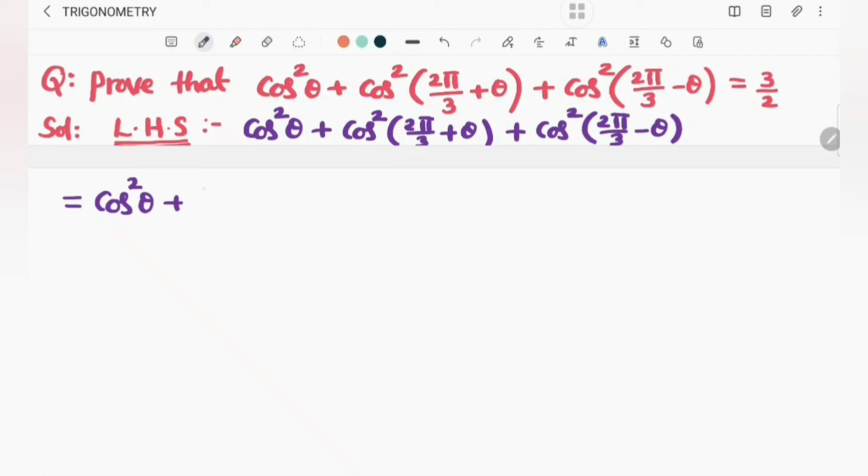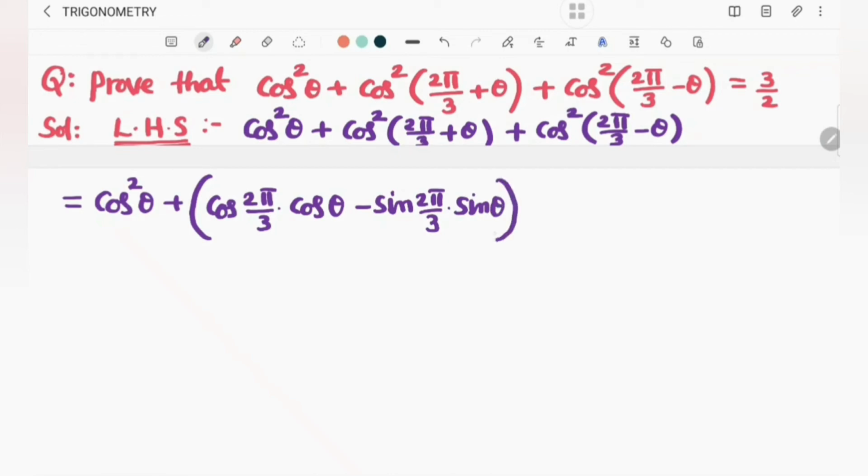Cos of a plus b, keep bracket. Cos of a plus b formula: cos a cos b minus sin a sin b. So cos 2 pi by 3 into cos theta minus sin 2 pi by 3 into sin theta, whole square, plus, keep bracket, cos of a minus b whole square.